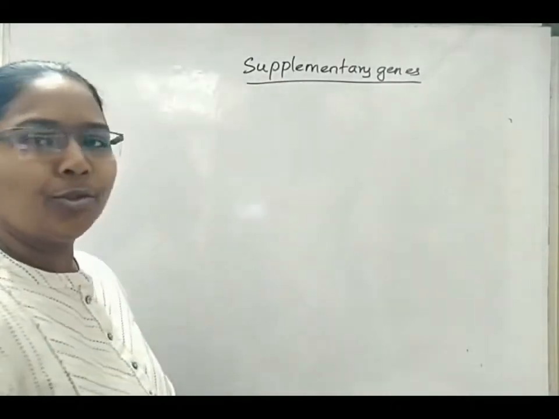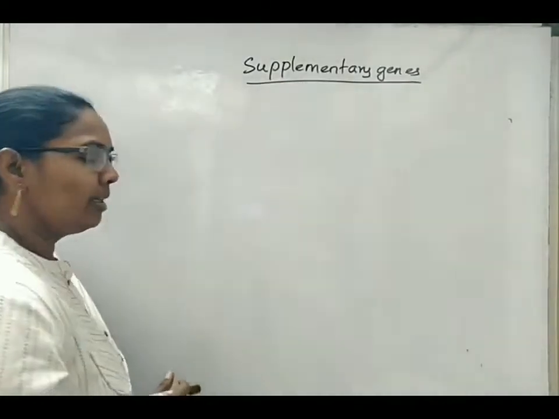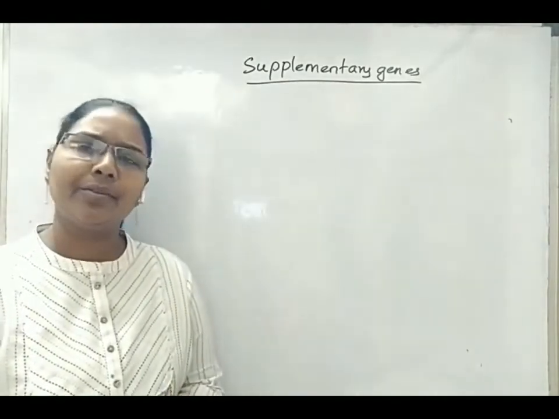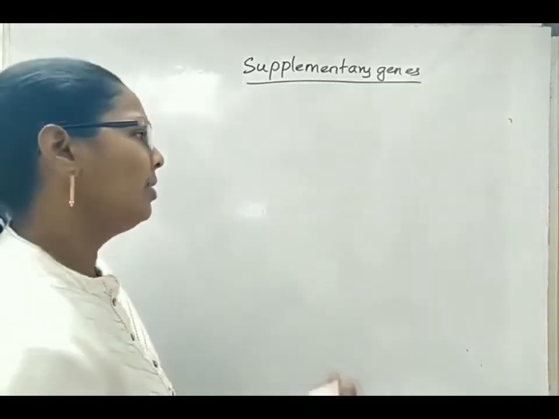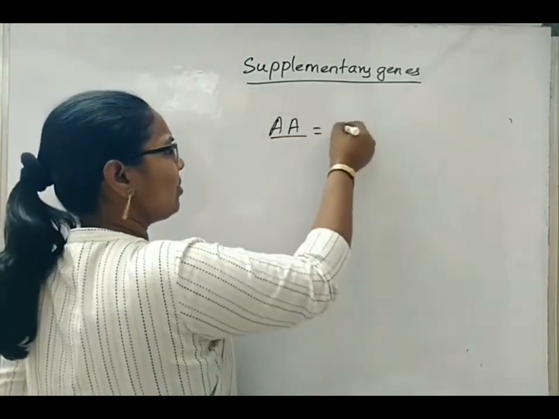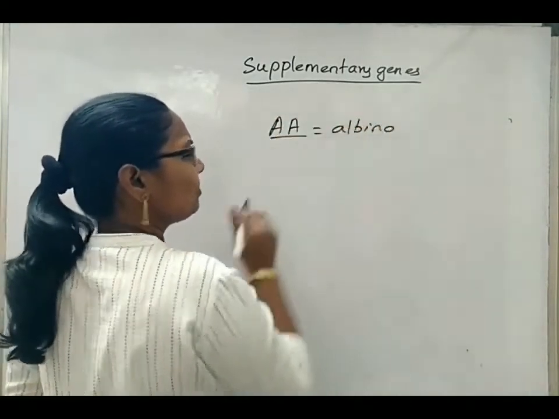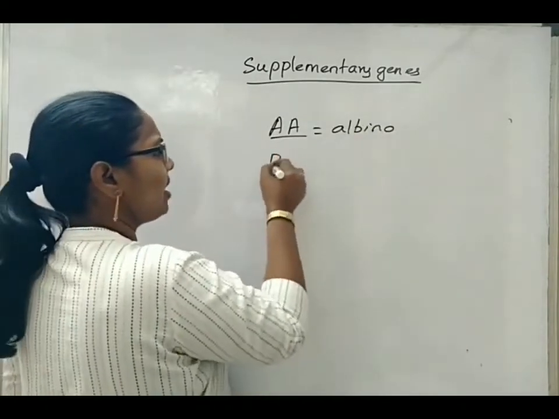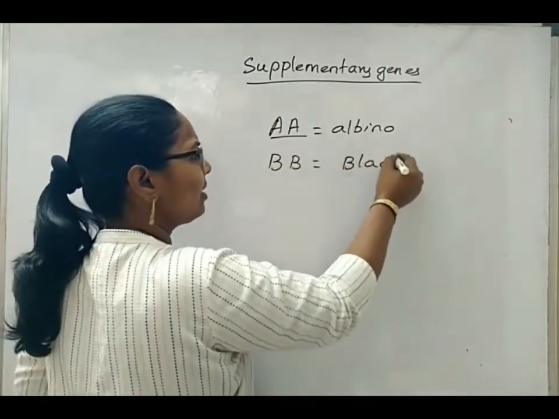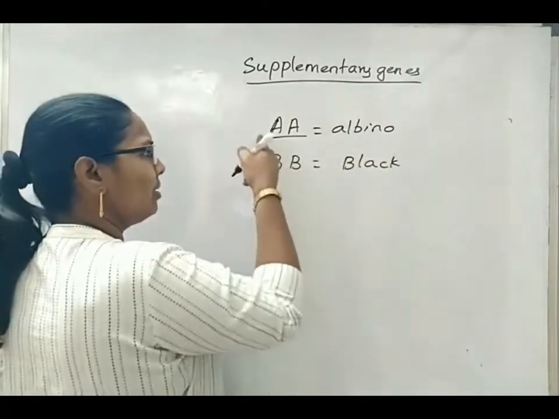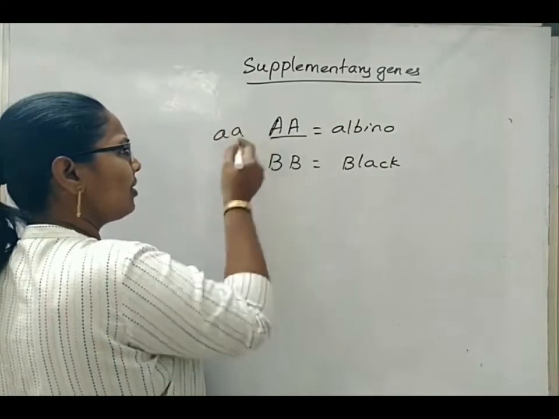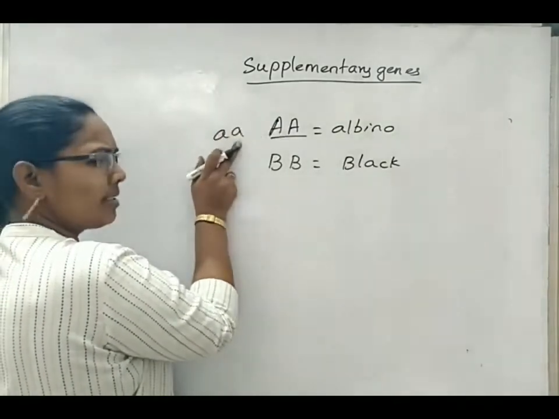Next we will start with a new topic, that is supplementary genes. In the case of supplementary genes, there are different types of expressions given by different types of alleles. For suppose, think there is one allele pair that is responsible for albino color. Next, another pair of alleles is there in its dominant form that is responsible for black color. Now, we know that there will be their own contrasting characteristic allele pairs.